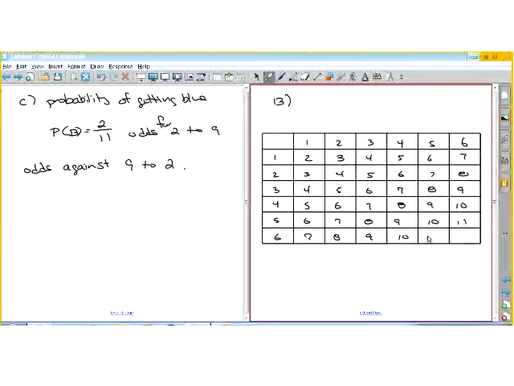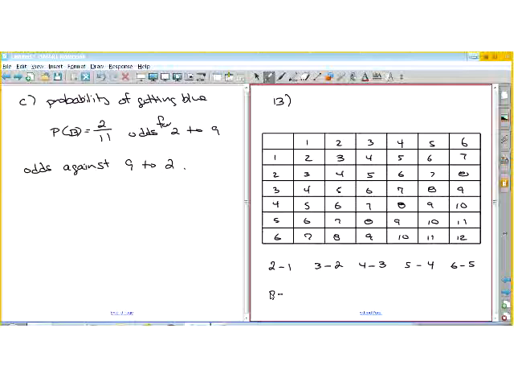And then what we're going to do is we're going to count the number of different possibilities. So the number 2 is seen 1 time. The number 3 is seen twice, and you can see there's a pattern here. Number 4 is seen 3 times. Number 5 is seen 1, 2, 3, 4 times.